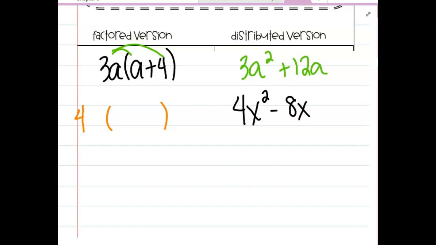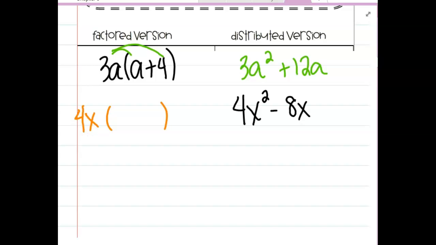So you want to take away as many as you possibly can, but you have to take the same amount from both of these. So the x squared, there's 2 of them here, but there's only 1 here, right? So you can only take 1. Does that make sense? So what you're going to factor out is a 4x.